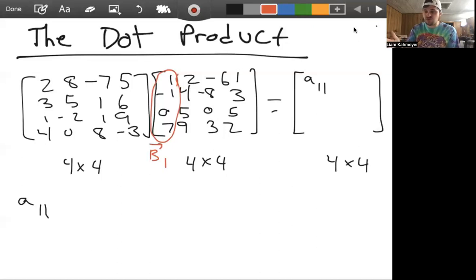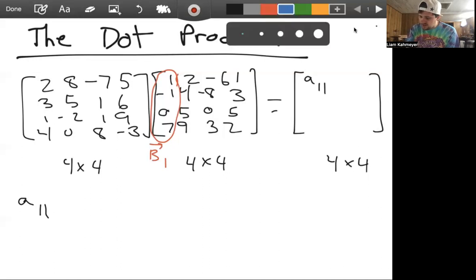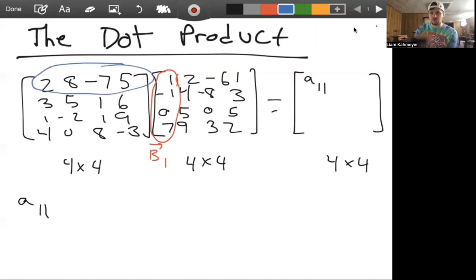And to get the first entry, we took this first column vector and, to give an informal description, we place it on top of the matrix and multiply component-wise. For the entire matrix, you have to run through every column times every row.